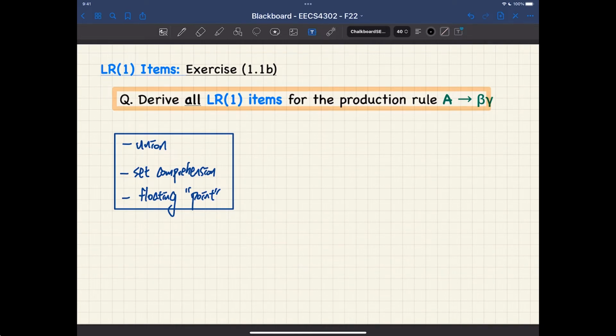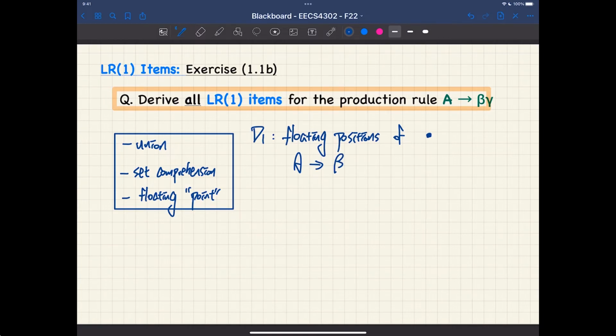Okay, let's now work out the answer together. 2 dimensions. Dimension number 1 is about the floating position of where the stack top is. It could be, for example, let's say we got A produces beta, gamma.